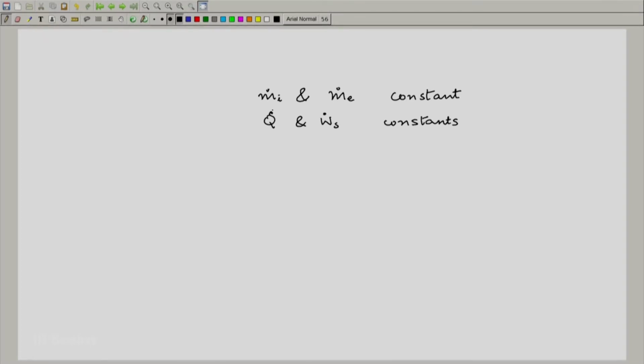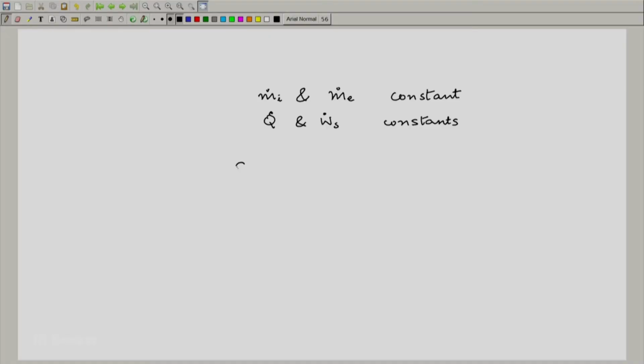And we can write that the mass in the control volume does not change with time. The energy in the control volume does not change with time. Similarly, the entropy does not change with time.